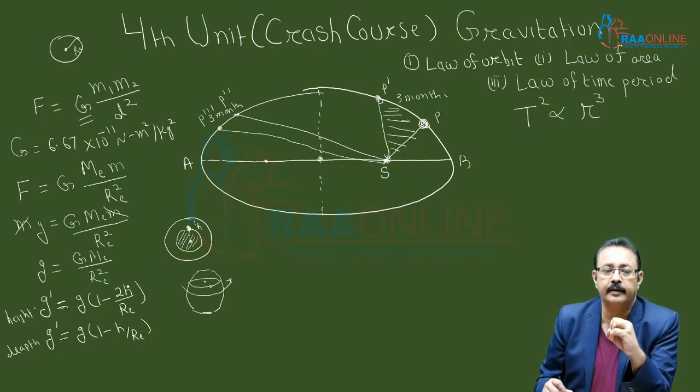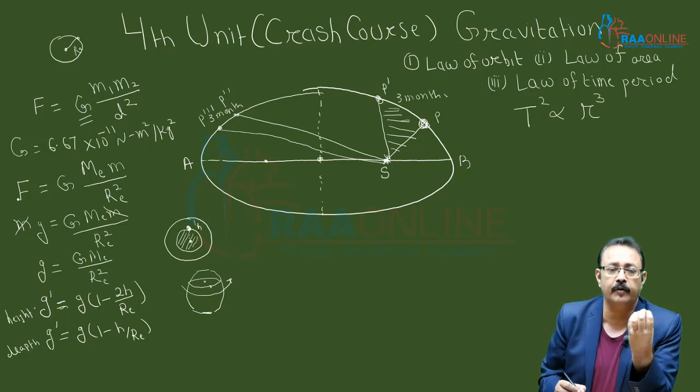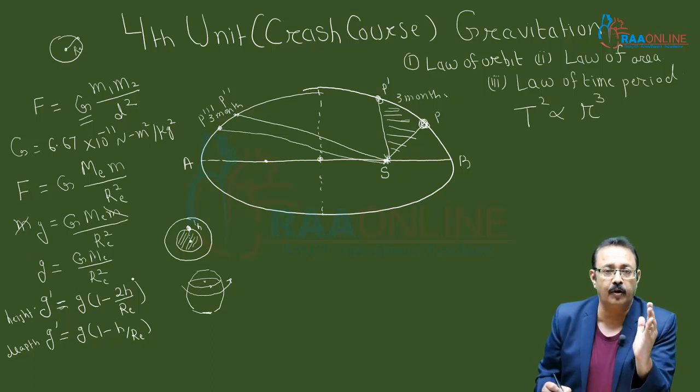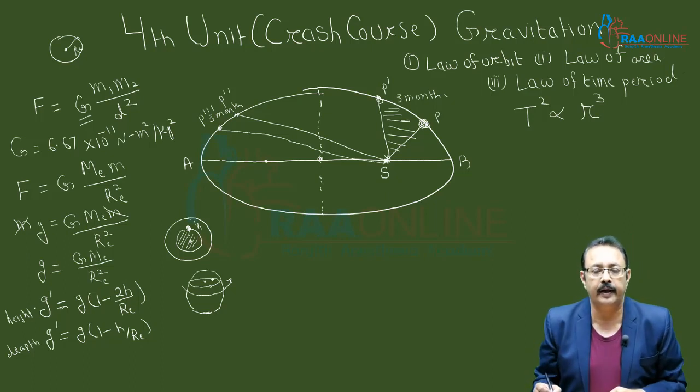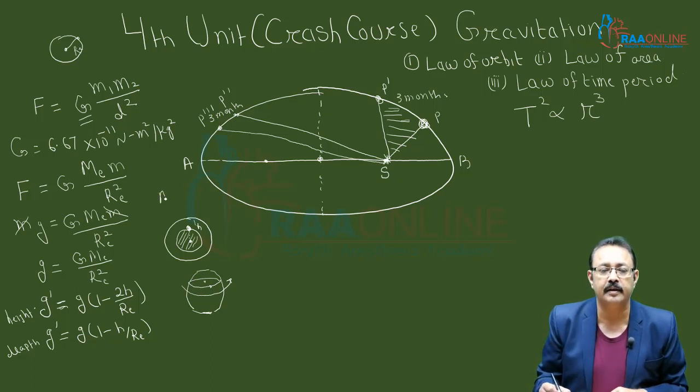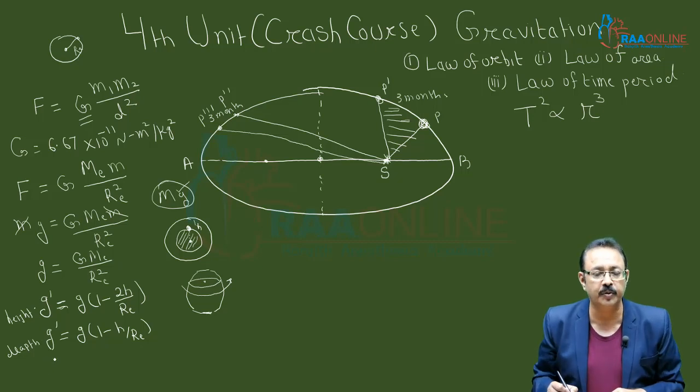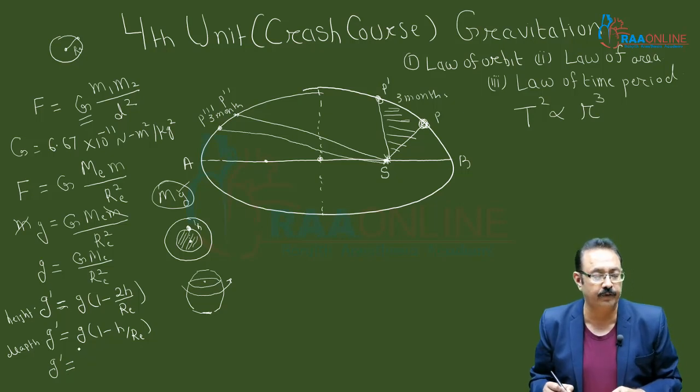From where will it get it? It will take this centripetal force from the attractive force between the object and the earth. So since it is using one part of gravity in maintaining itself in this circle, mg is reducing. Mass is not reducing, means g is reducing. So due to rotation of the earth, the value of g is changing.